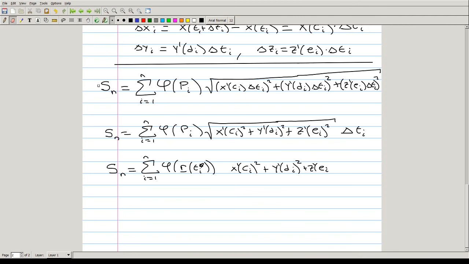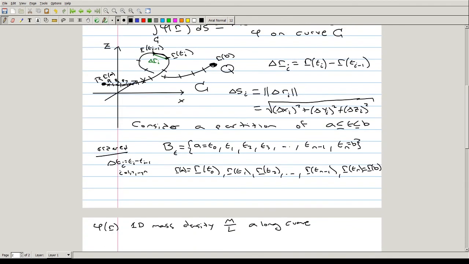So this is not the velocity, but we're going to see very quickly that this doesn't really matter, because what we're interested in is the limit as the partition gets smaller and smaller, right? So when we define the partition, we define the delta t_i as the change in the partition.